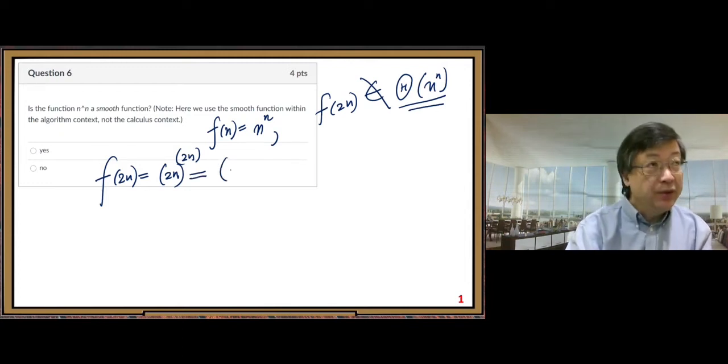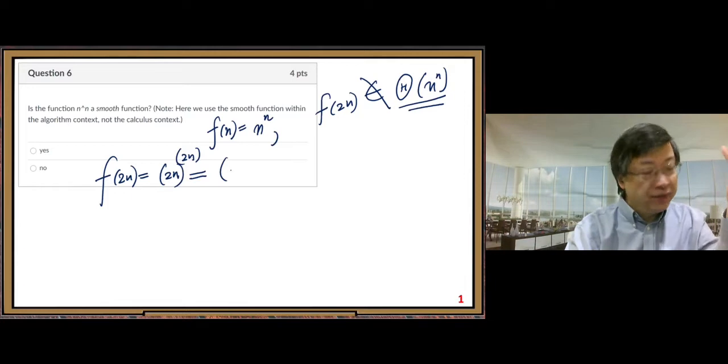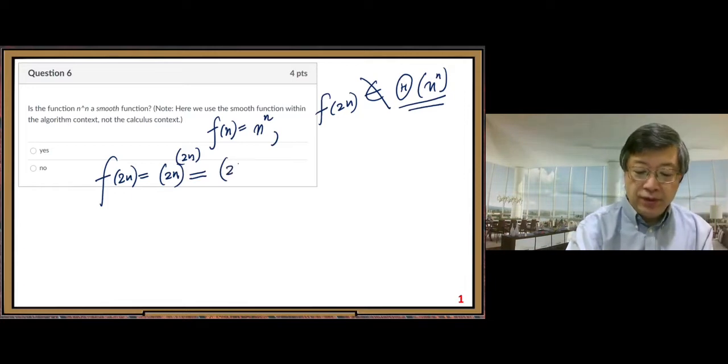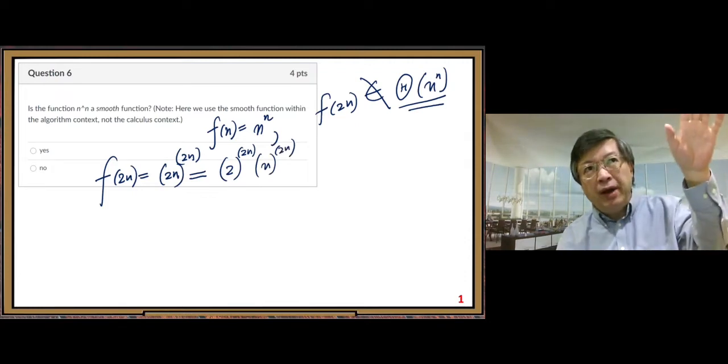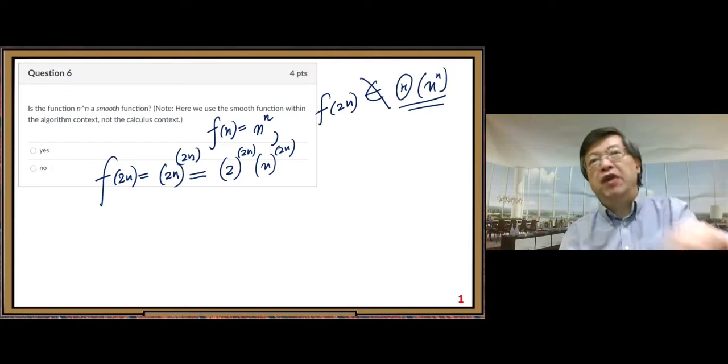We split the base 2n to 2 and n. Exponent 2n here, 2n here. That is by the property of exponential functions.